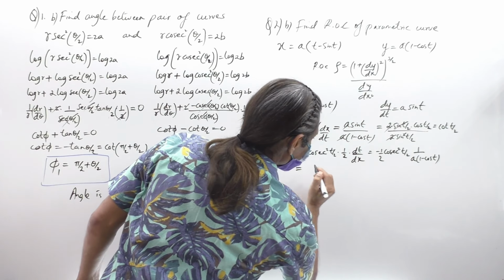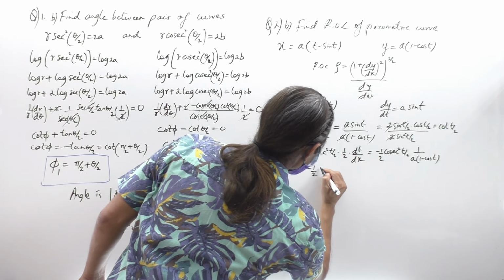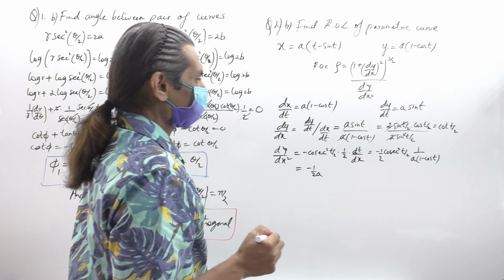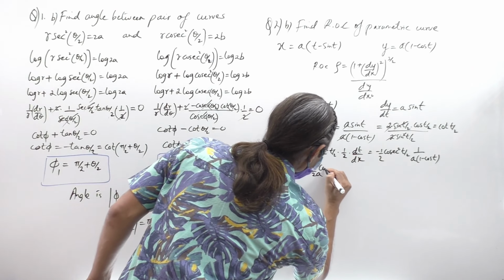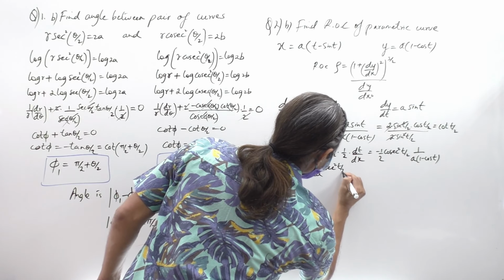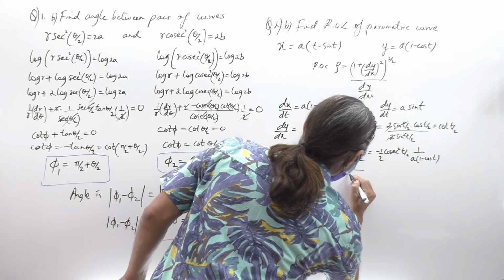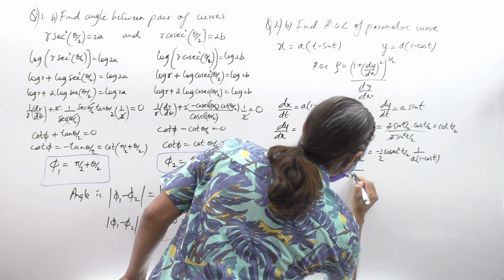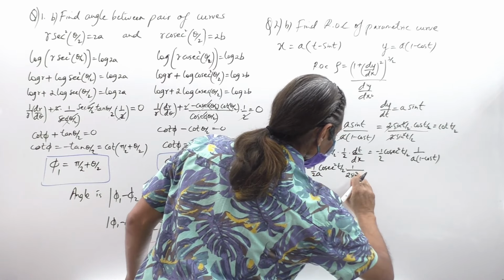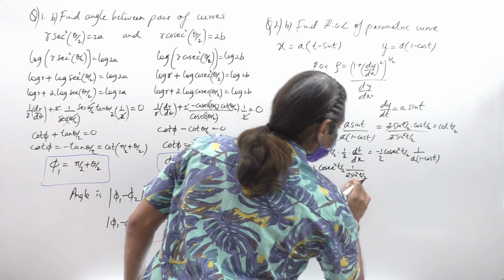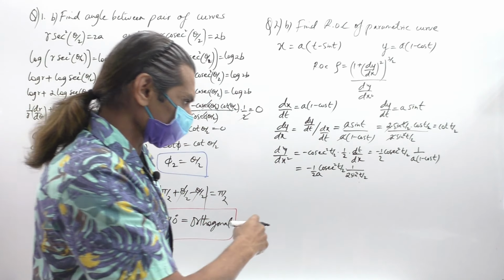This will be again minus 1 by 2a cosecant square t by 2 upon 1 minus cos t. 1 minus cos t is again 2 sin square t by 2, so use that.